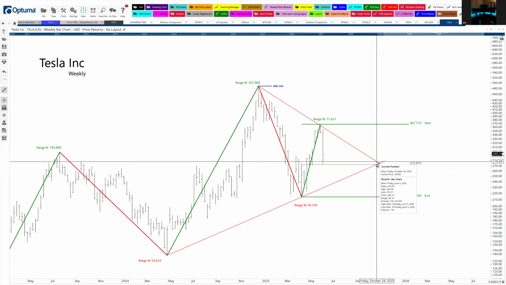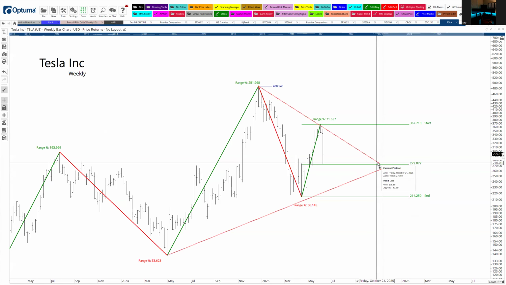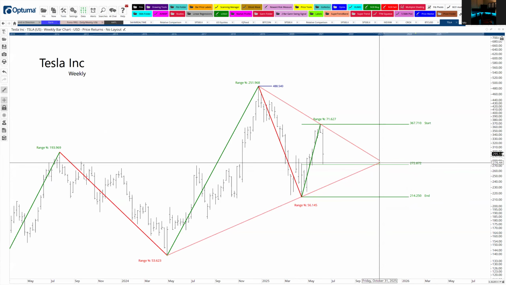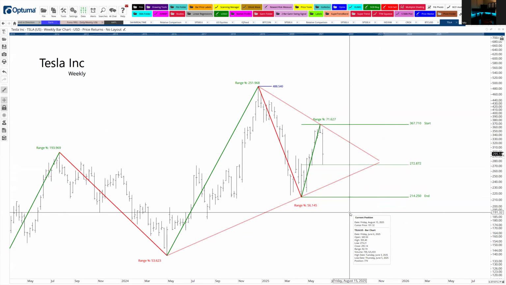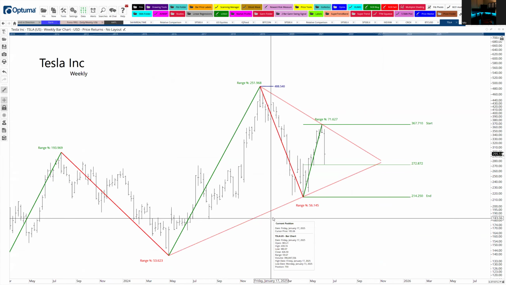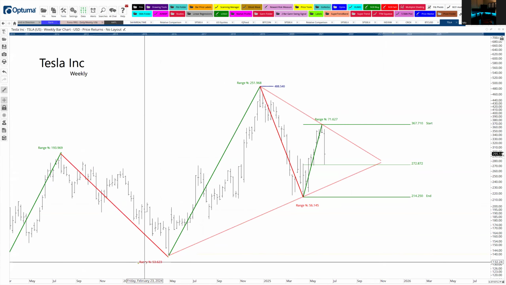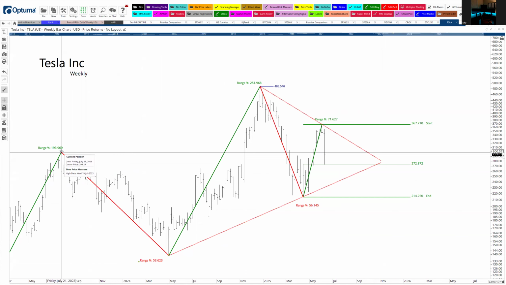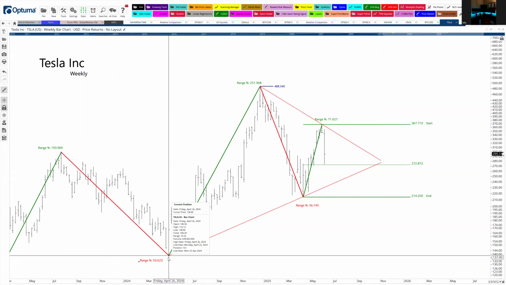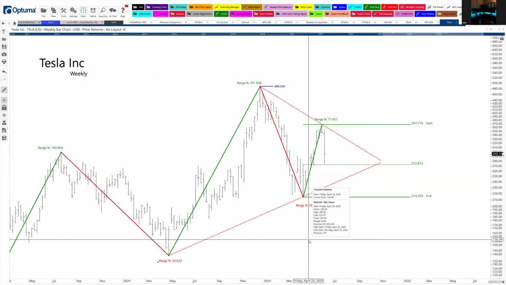To me, it looks like Tesla is trying to go into a pretty tight range in the coming days and weeks, because you had two of the largest percentage declines side by side, meaning one here and one here.